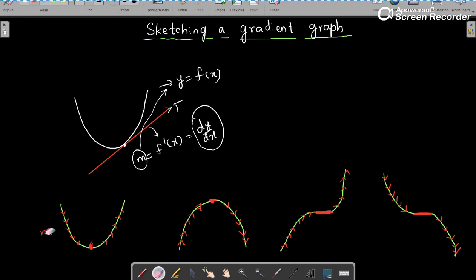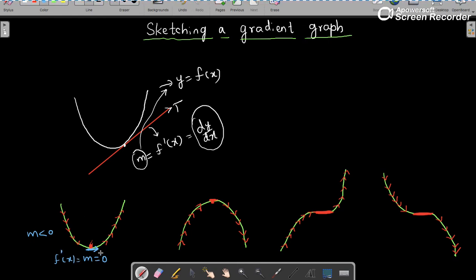For a decreasing curve, we know that the slope is negative. So this part of the graph will have negative slope. Next, the graph halts for a while here. That means the slope is zero, because the tangent at this point, f dash x, is parallel to the x-axis and therefore the slope must be zero.